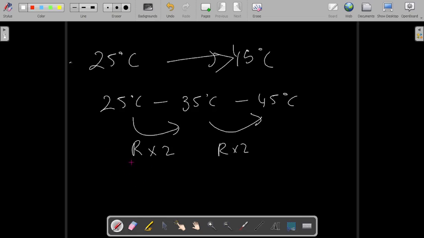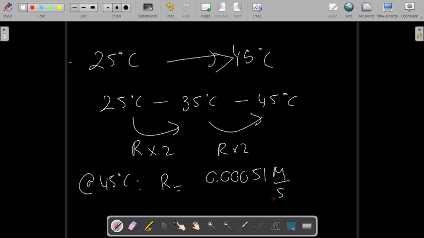What was the rate here? So at 45 degrees Celsius, start with our original rate that we just found, 0.00051 molarity divided by second, and we're multiplying it by 2 for the first jump, and then multiplying it again by 2 for the second jump.